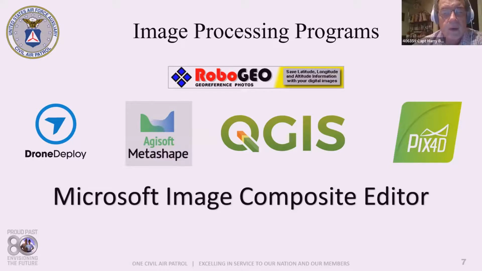What's the cost of a personal license? The personal license for Drone Deploy is, I believe, $185 a month. Or I'm looking on their website now. It's $299 a month for the individual license, $99 a month for their light license. And that's if you bill annually.